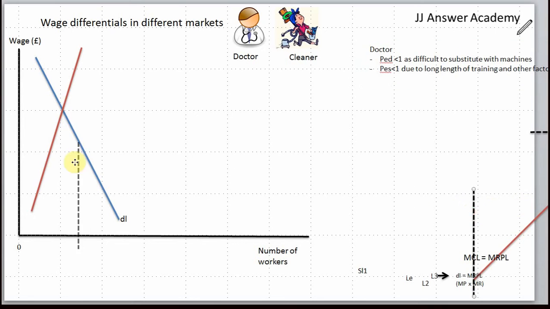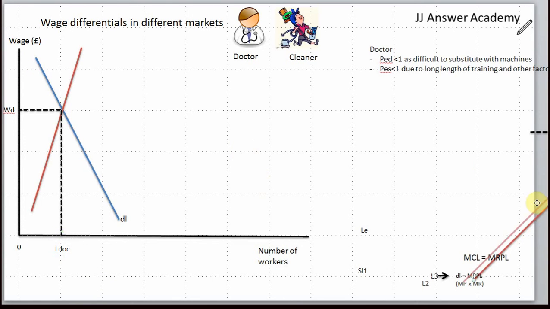So in the market for doctors, we can see wages for the doctors, WD, and doctors employed. Let's put this down as LDoc, so no confusion.